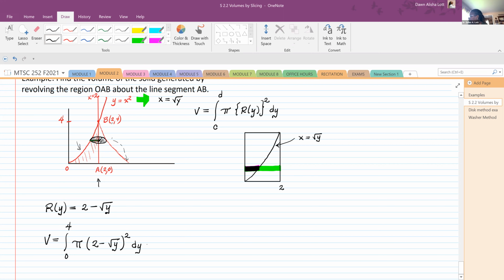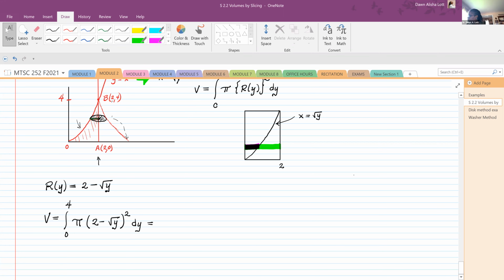Since this is the last problem, I'll go ahead and just do this. Take the pi out, the integral between 0 and 4. When I square this, I'm going to get 4 minus 4y to the 1/2 power plus y, dy.